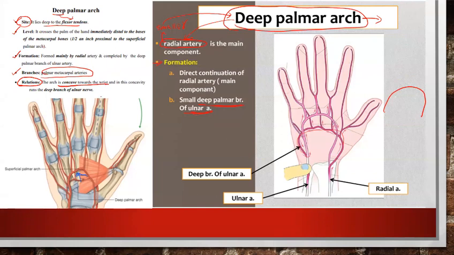In this concavity, the deep branch of the ulnar nerve passes through. Again, the deep palmar arch is concave towards the wrist, and in this concavity runs the deep branch of the ulnar nerve.